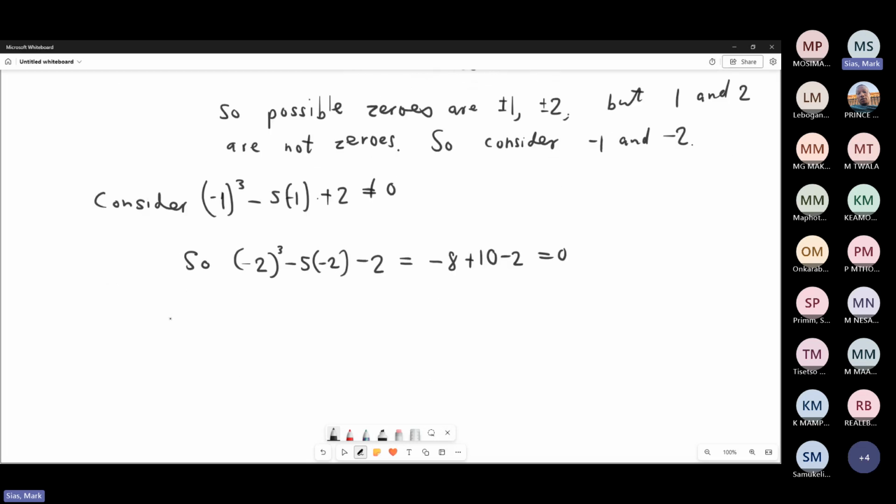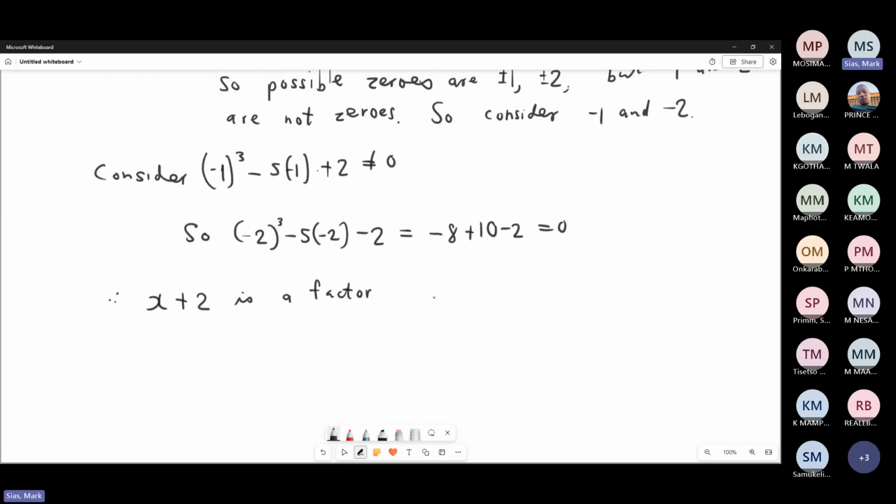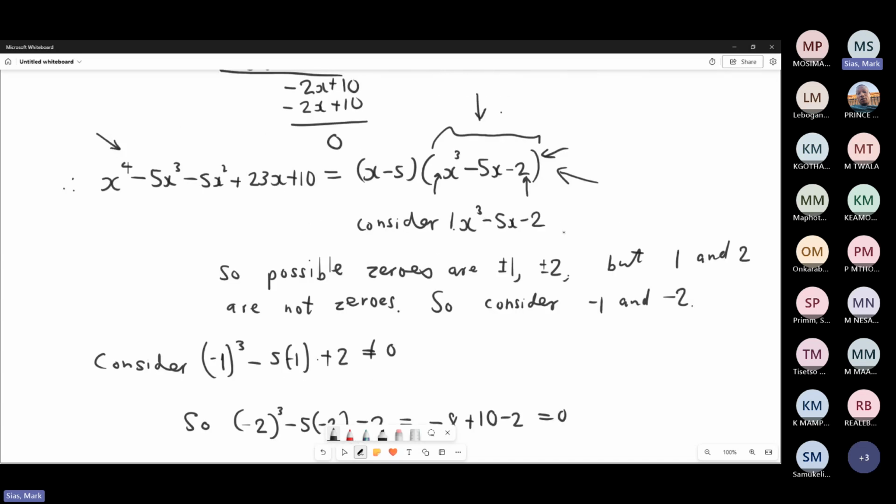And if that's the case, therefore, if -2 is a 0, then x plus 2 is a factor. Then we can divide x plus 2. Remember, we're looking at this smaller polynomial now. We'll divide x plus 2 into that and see what we get, okay?